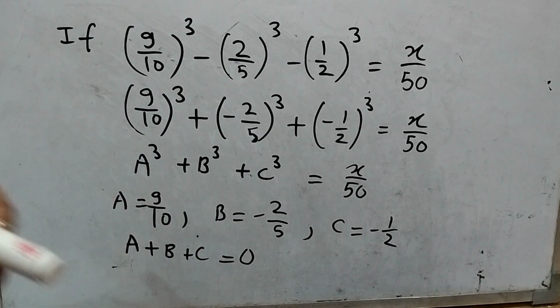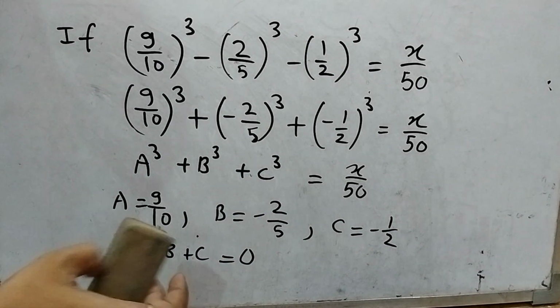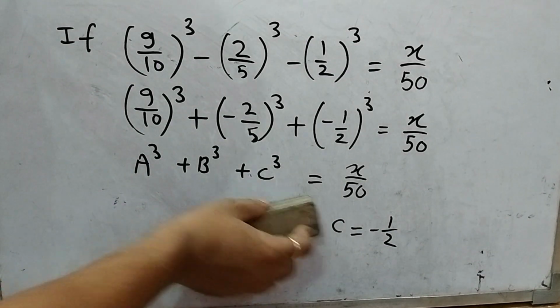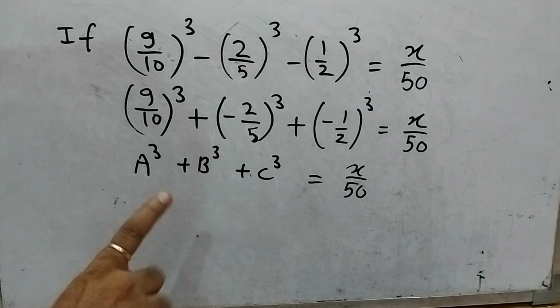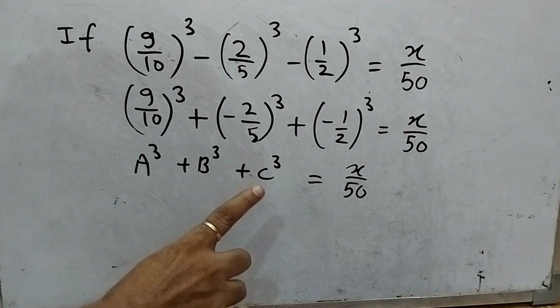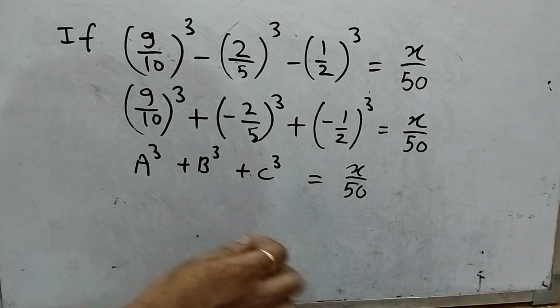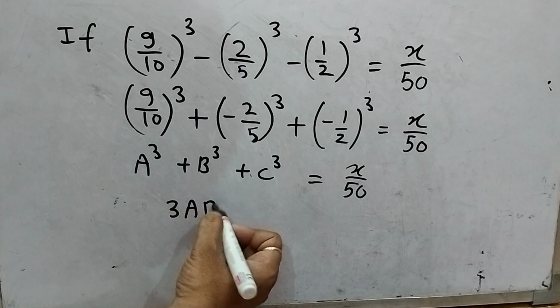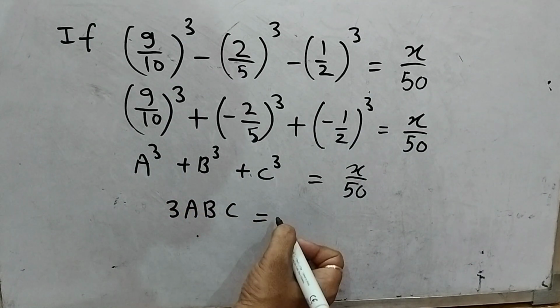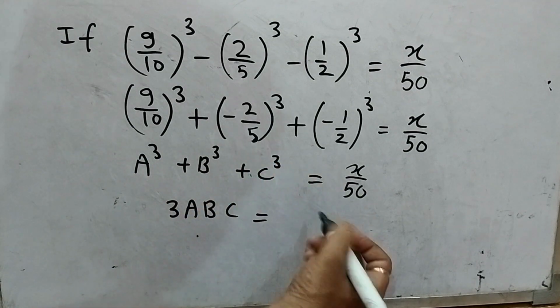Since we have a plus b plus c 0, in the place of a cube plus b cube plus c cube, I can write 3abc, because we have the identity: if a plus b plus c equal to 0, then a cube plus b cube plus c cube is 3abc.